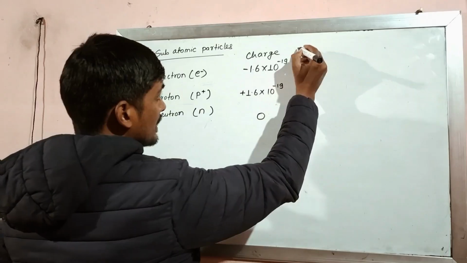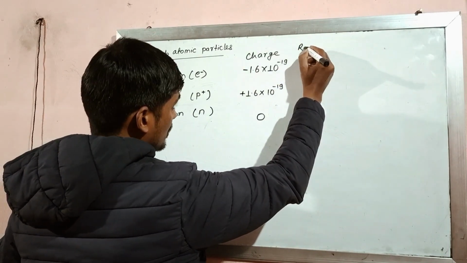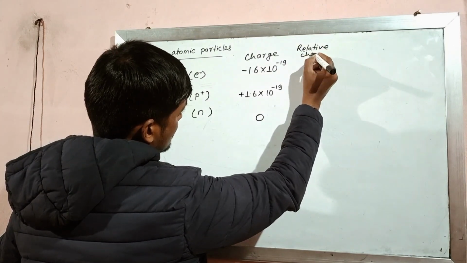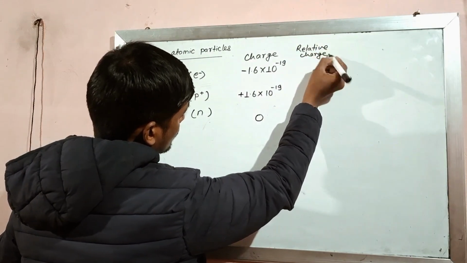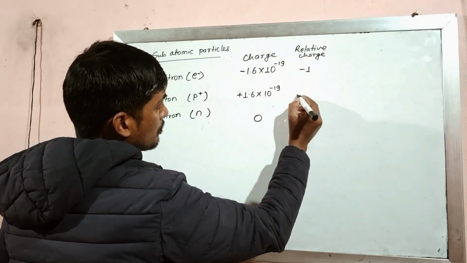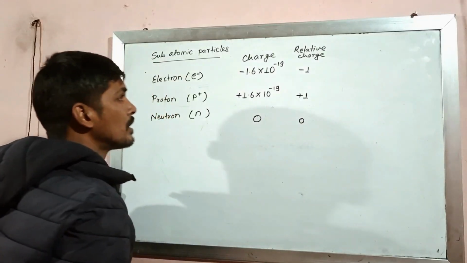Here the relative charge of this electron, proton and neutron is -1, +1, and 0.